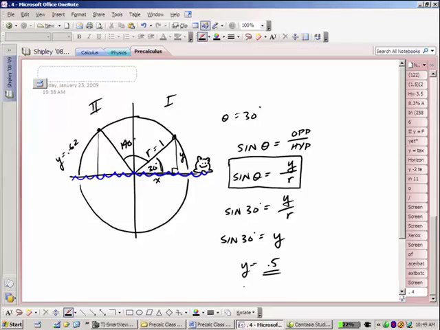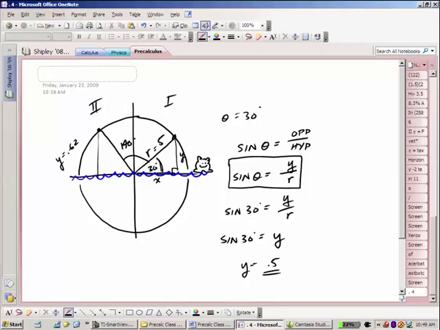What would happen if instead of r being 1, I made r like 5? Okay, so if you spin 30 degrees now, is she going to be higher than 0.5 or lower than 0.5? Higher.